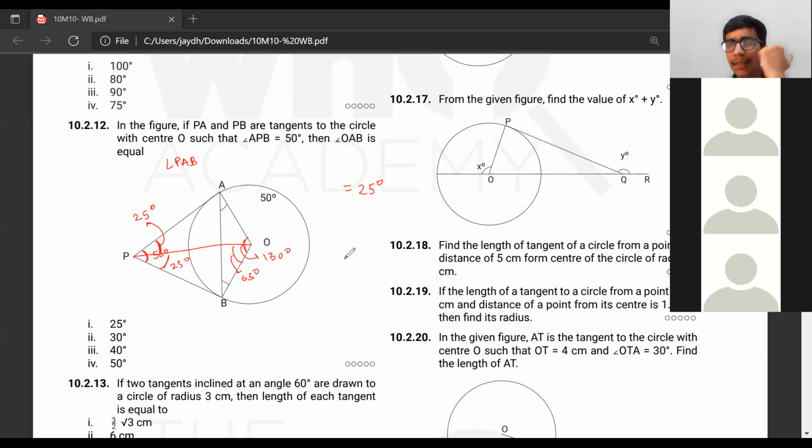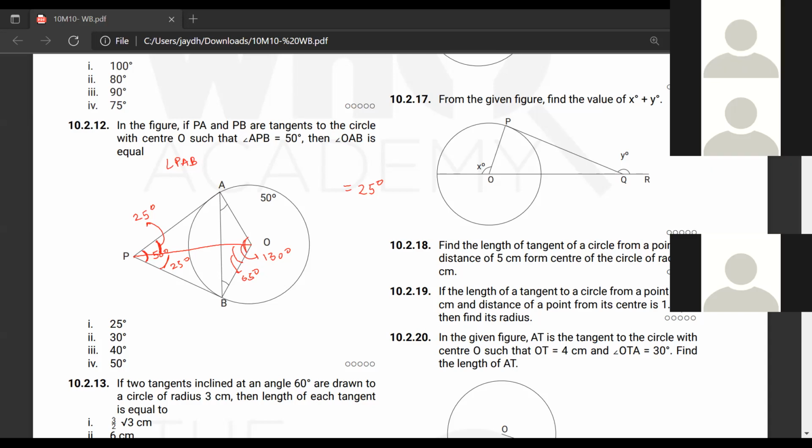Any doubts in the two methods which we have discussed right now? Yes, Aditya, Amay. Okay.